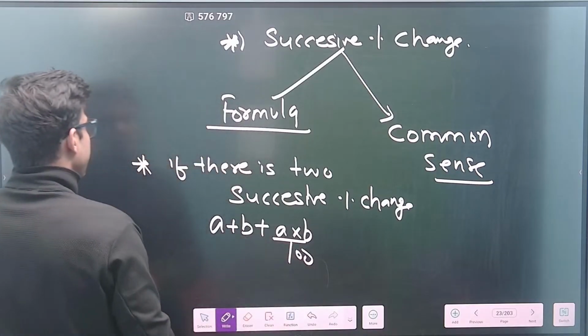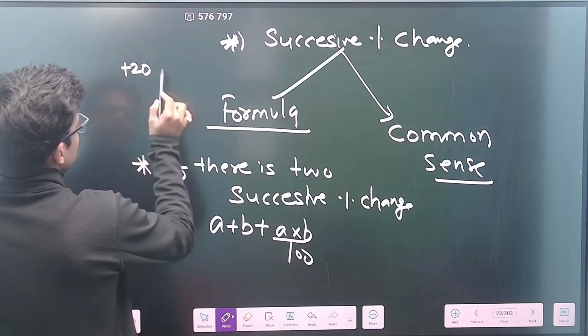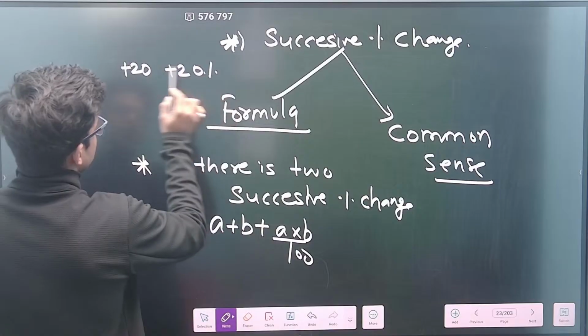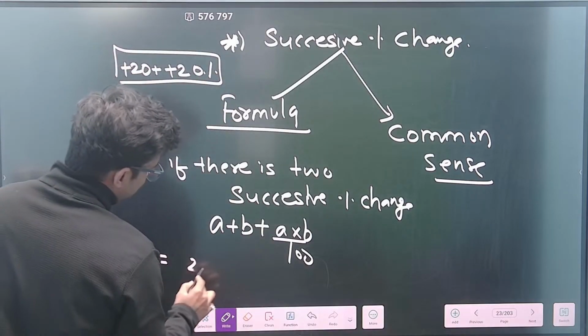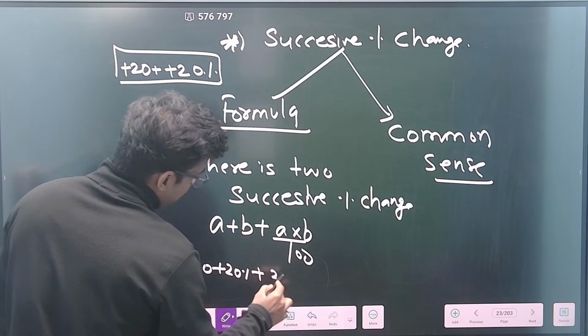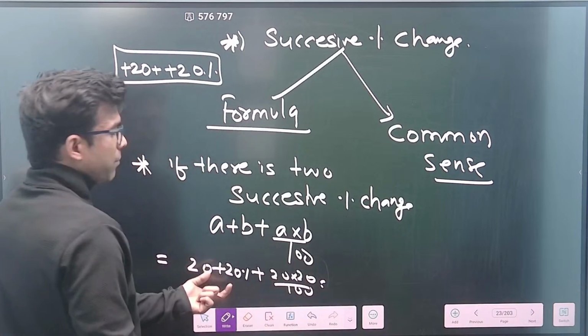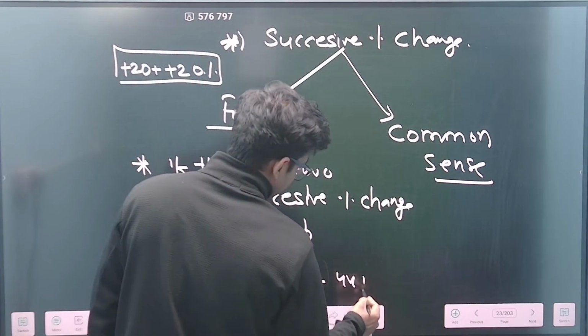Suppose I say there are two values, one is increased by 20% and second is increased by 20%, 20% two times. Then the impact would be 20% plus 20% plus 20 into 20 by 100. So the impact of 20% successively will be 44%.